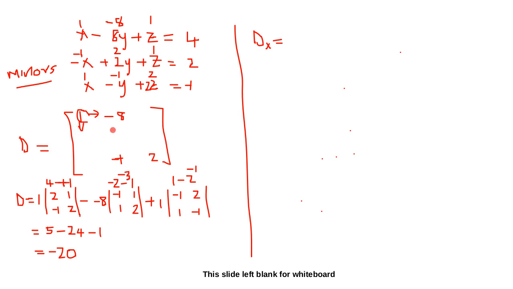So its minor will be 2, 1, negative 1, 2. Then when we go to negative 8, again, we delete row 1 and column 2.